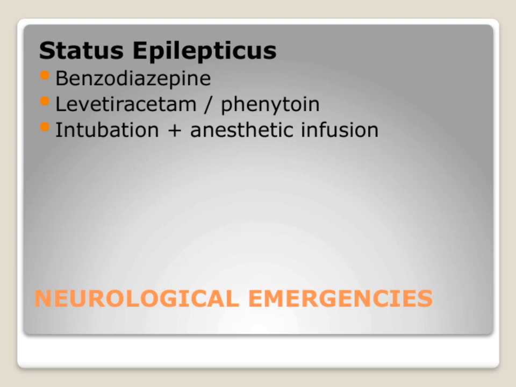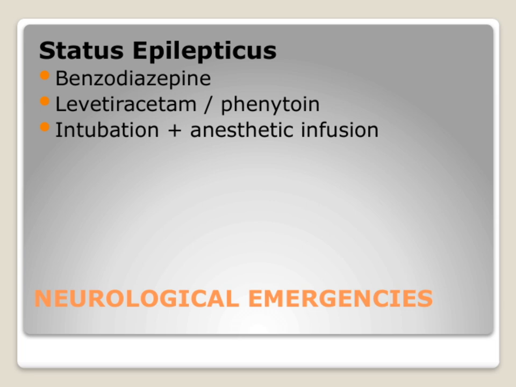Let's talk about status epilepticus, which is a medical emergency that requires prompt and effective management. The first line of treatment typically involves benzodiazepines, such as lorazepam or diazepam, to rapidly stop the seizures. If seizures persist, we move on to second-line agents like levetiracetam or phenytoin, which help stabilize the brain activity.